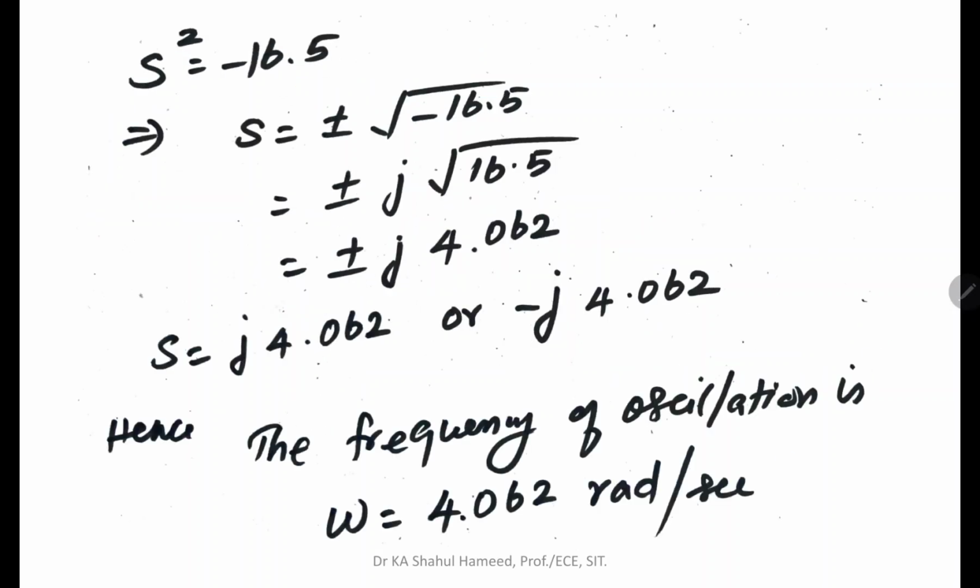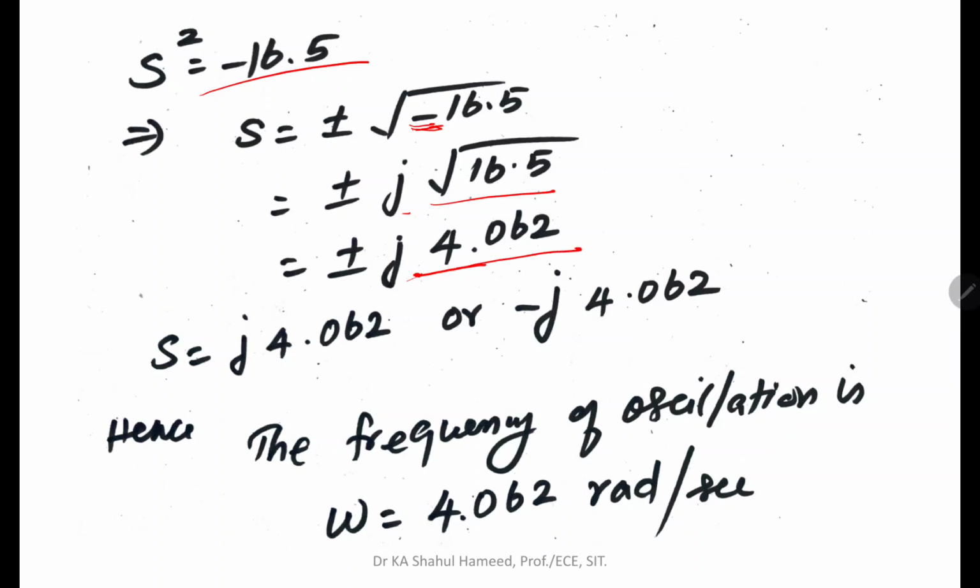If s square is equal to minus 16.5, then s is equal to plus or minus square root of minus 16.5. So here I have a negative square root. When I take the square root of minus 1, I get j. So plus or minus j square root of 16.5. When I take the square root of 16.5, I get 4.062.